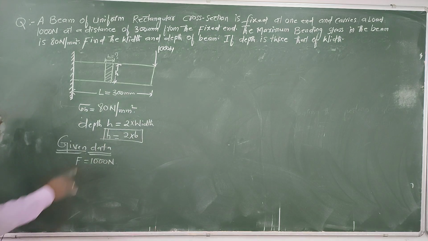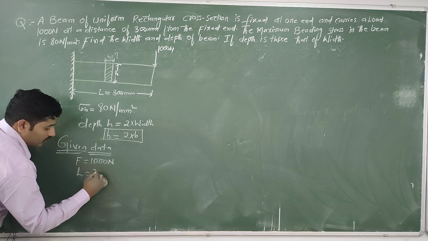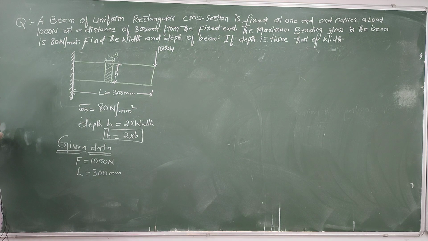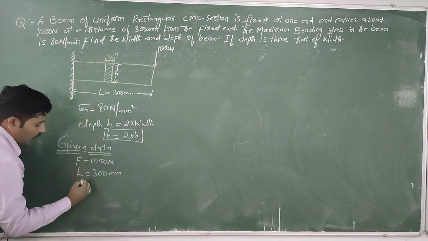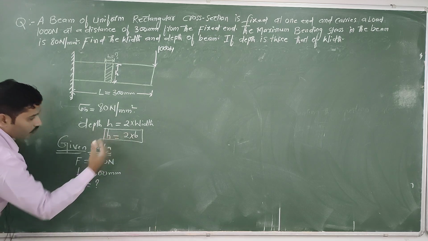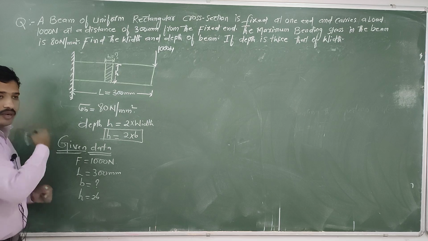The length of this beam is given as 300 mm. Is it right? And we need to find out the width of the beam and the height. Height is 2 times the width.